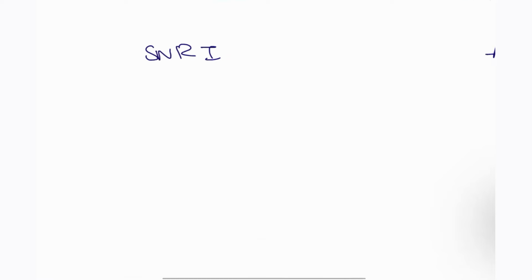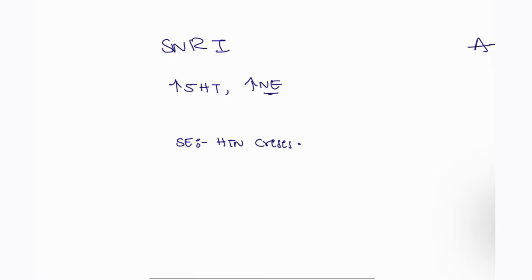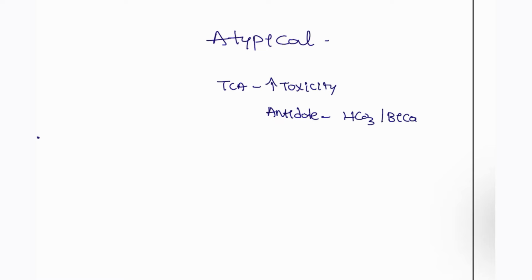Next, SNRIs. SNRIs are going to increase 5-HT and also norepinephrine. If norepinephrine is increased, the patient will be associated with a hypertensive crisis. That is also seen here. Next, atypical drugs such as TCAs. These TCAs cause toxicity. To treat this toxicity, you have to give the antidote, that is HCO3, or bicarbonate, to the patient.